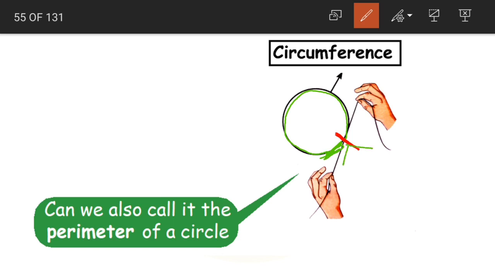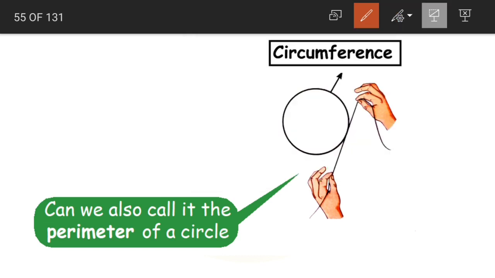You should cut your thread here. Now this piece of thread is equal to the length of the circle. So now with the help of a ruler, you can measure the length of this thread. Now this is nothing but the length of the boundary of our given circle.